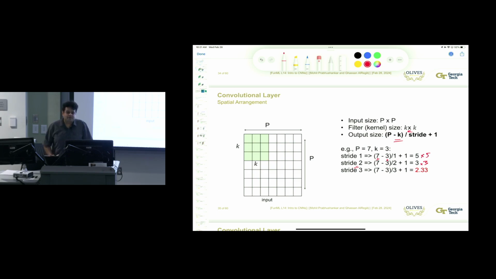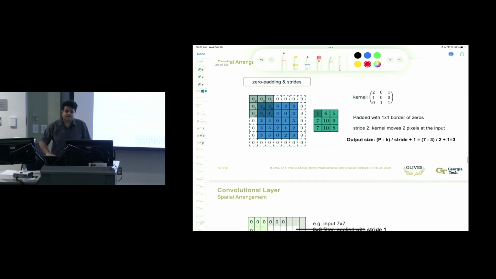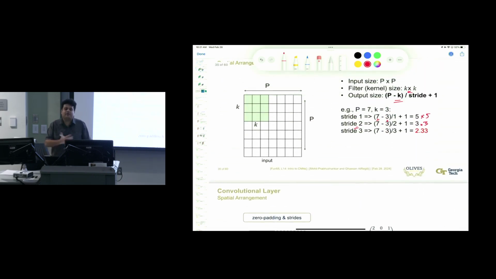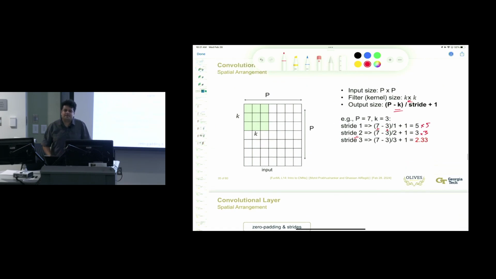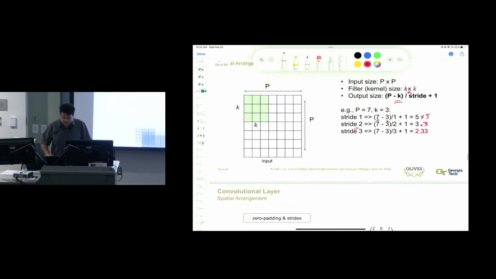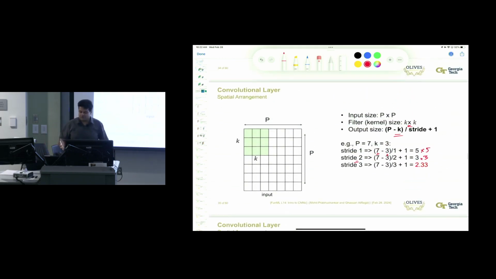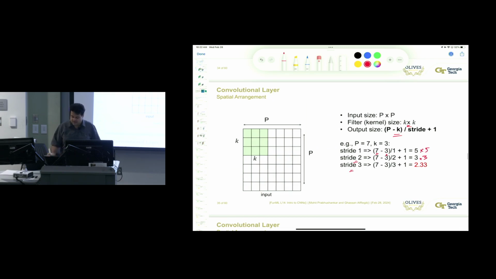No, it can be bigger. Next slide I show how it can be, but I'm just motivating how it can be bigger in this particular case. Yes, the next slide is padding. If you're familiar with the idea of convolution in signal processing, we have something called zero padding, and there are many kinds of paddings involved. So we can solve this, but I'm trying to motivate that part by showing that if you have stride 3, 7 minus 3 divided by 3, which is 4 by 3, plus 1, so it's 1.33 plus 1.